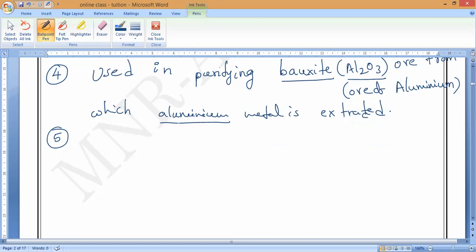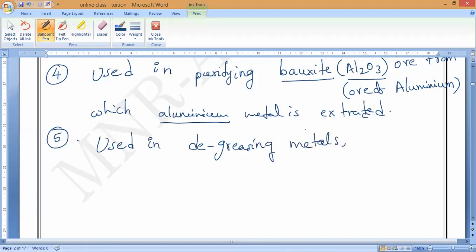Next. Sodium hydroxide is used in degreasing metals. What do you mean by degreasing? Suppose a metal should not get affected by corrosion. One of the techniques is applying grease.